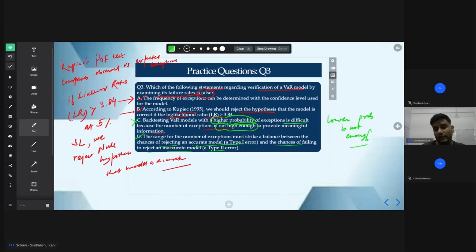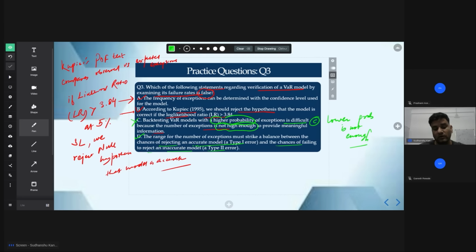The point here is that the goal of backtesting is to choose an acceptable range of exceptions that balances both kinds of risk: type 1, which is rejecting a good model, and type 2, which is accepting a bad one. This is what we learned in FRM Part 1 also, that we need to balance out type 1 risk and type 2 risk. That is a fundamental principle in finance. You have to always balance it out.